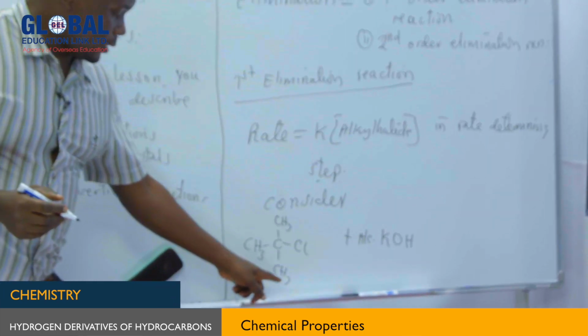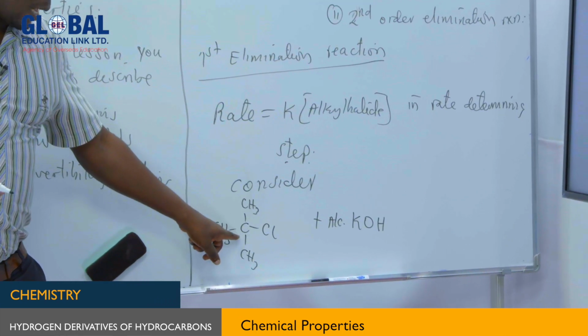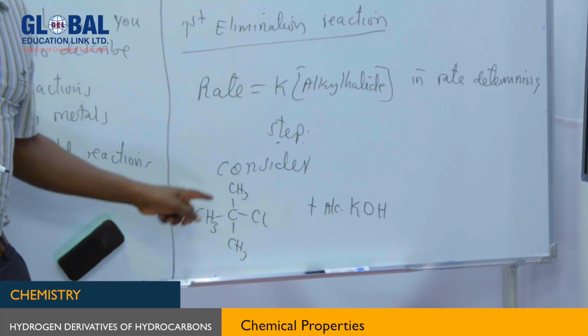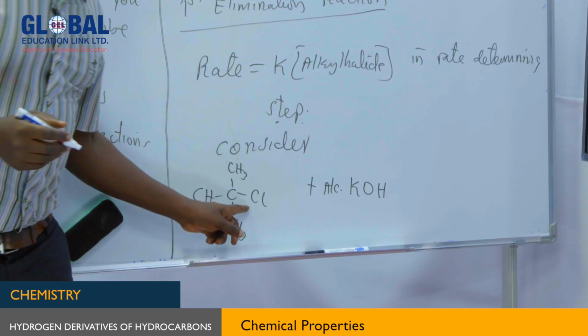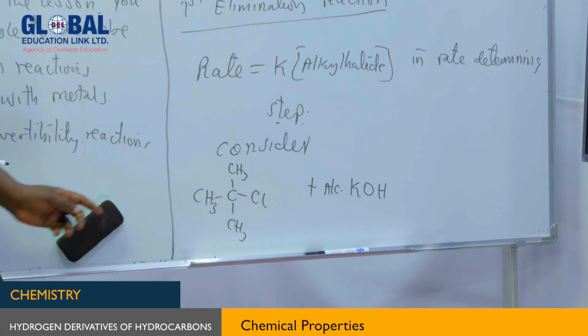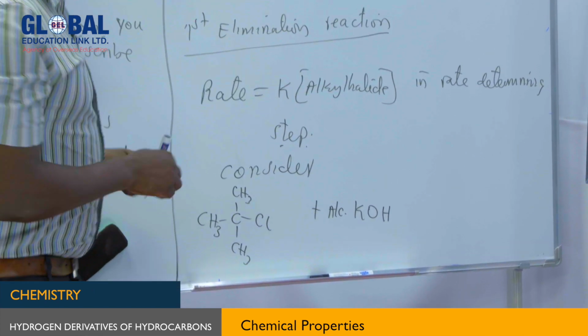Here, the carbon carrying the halogen, which is our functional group, has three alkyl groups attached. That's why we call it a tertiary haloalkane. So let us consider the mechanism. Why do we say it is a first order elimination reaction?